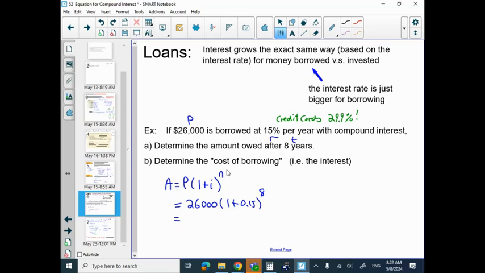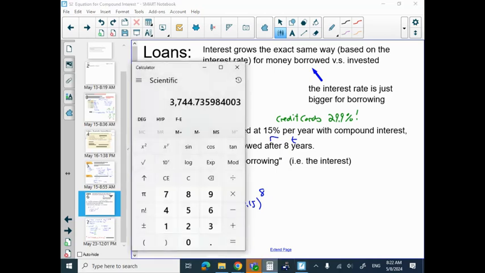Whereas here, all we have to do is the 1.15 to the power of 8. So 1.15 power of, that's not the right button, clear that. 1.15 power of 8. That, so 30590.